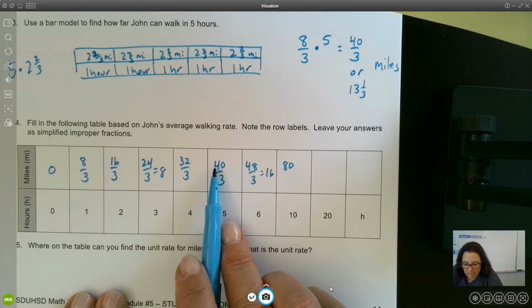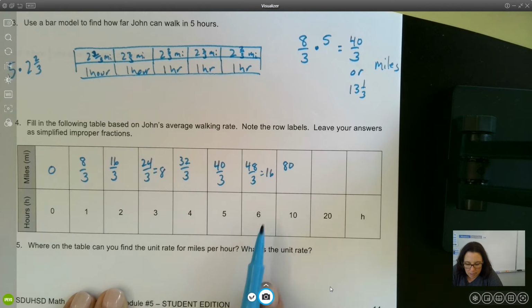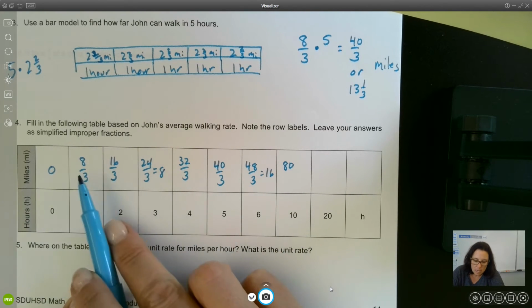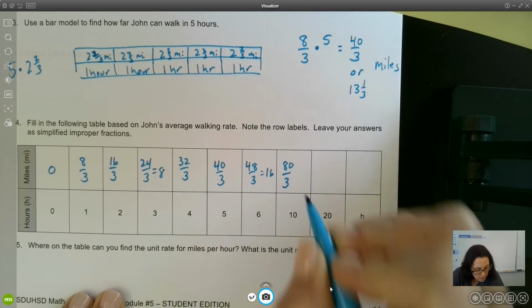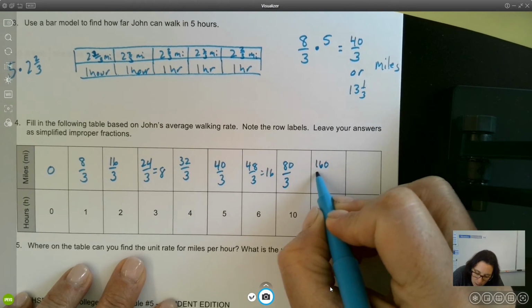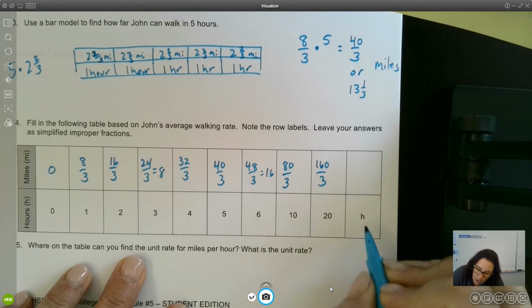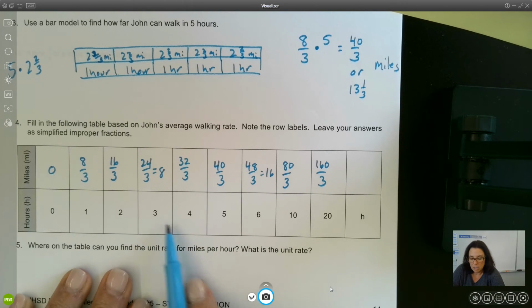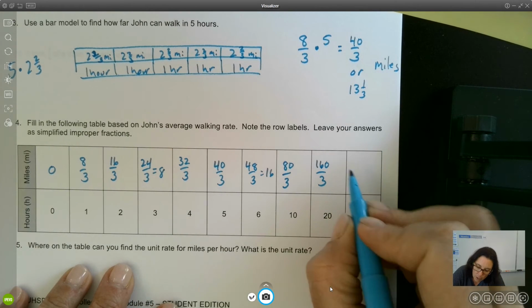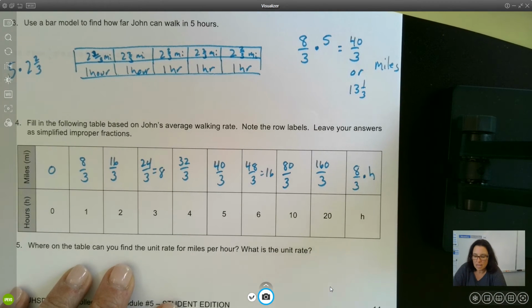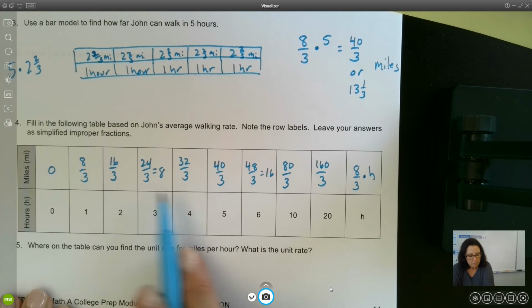Notice that we're adding 8 to the numerator every time, but notice that this jumped a bunch. So we're going to have to do 10 times 8/3, which is 80/3. 20 here would be 160/3. Now H could be anything. Could be 3, could be 50, could be 1,000. H, we're going to have 8/3 times whatever the H is. That's the formula that got all of those.